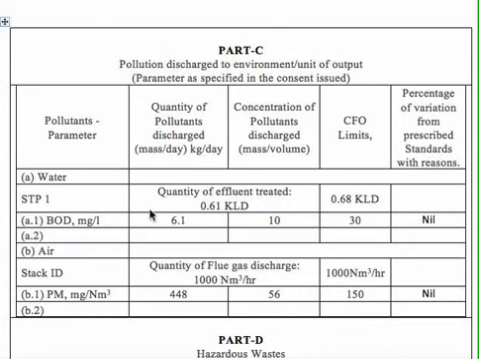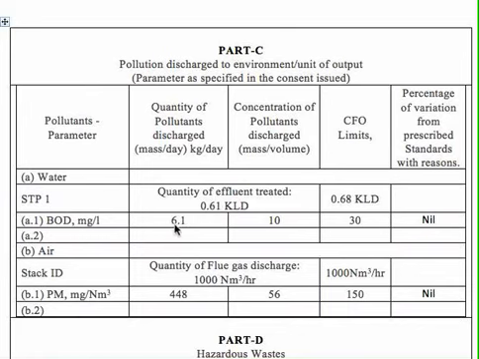For this column we are required to make a small calculation. Here we provide the quantity of pollutants discharged, with respect to effluent. Take BOD: how much per day we released into the environment. For this, the actual concentration, which is in milligram per liter, has to be multiplied by the daily quantity of effluent that we generated.